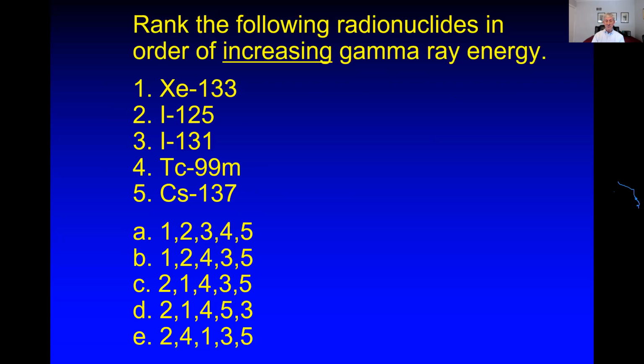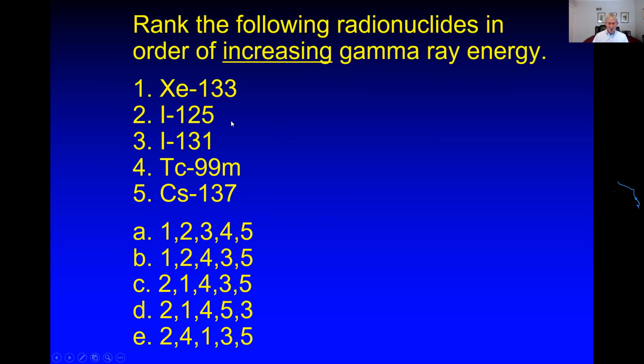I-131, 364. Good. It's the number of days in a year, 364.4. Technetium is, of course, 140. How about cesium? So cesium is 662. We don't ever use it in patients, but we do use it for calibrating a dose calibrator and other calibration exercises.